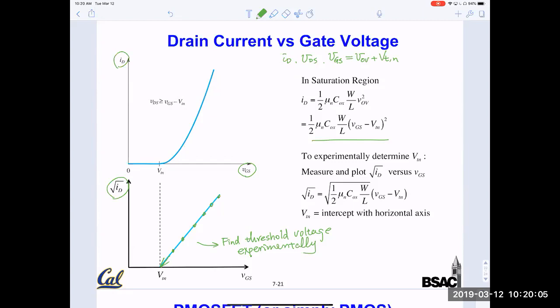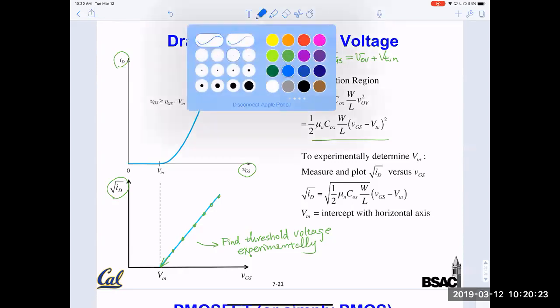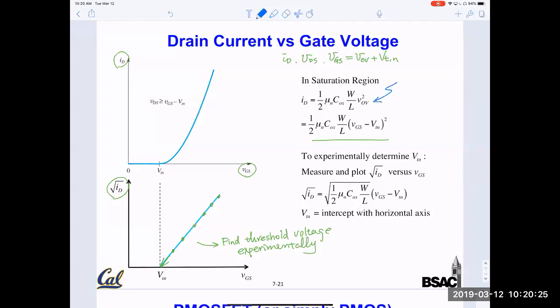When the channel becomes shorter and shorter, our simple concept, the potentials are really not predominantly in one direction. It's really a three-dimensional picture. And this device, the so-called square law device, you'll often hear, we call this a square law device, square law because of the dependence on the square of the overdrive voltage.